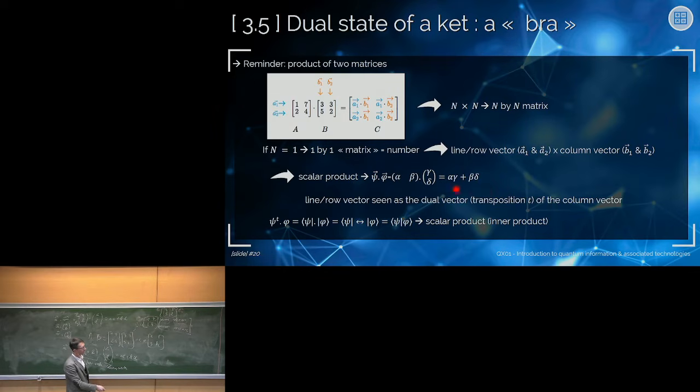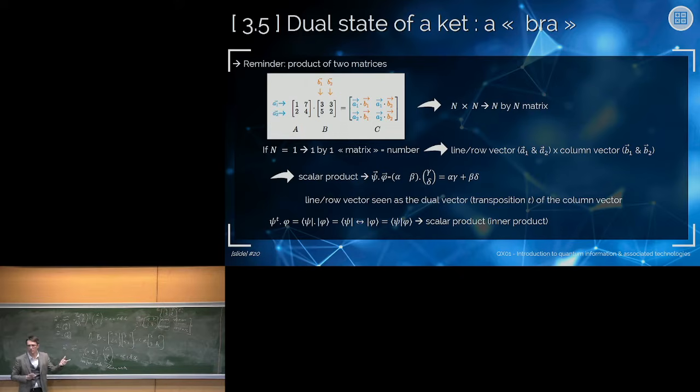And I can now transpose that to my qubits by saying that the left-hand side is different than the right-hand side. So the right-hand side would be sort of the standard vector, so this would be the column vector. But the left-hand side now is the row vector. So it's this one.